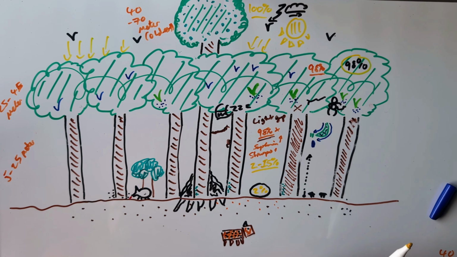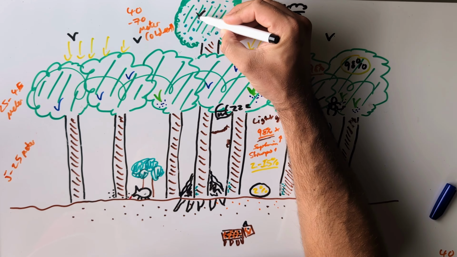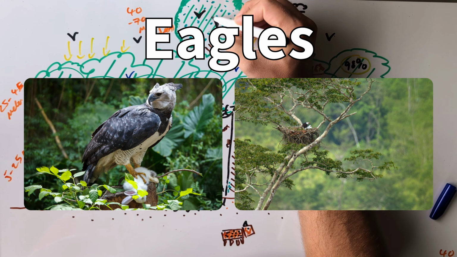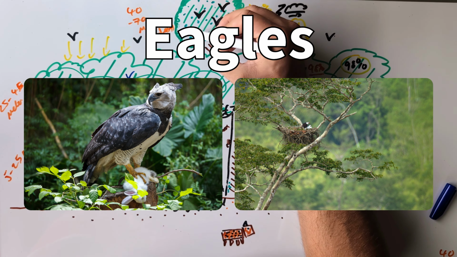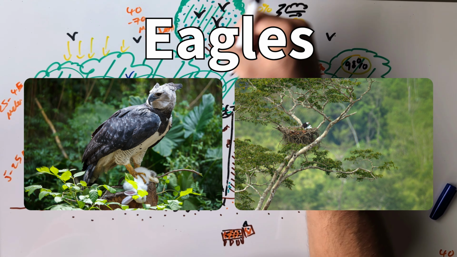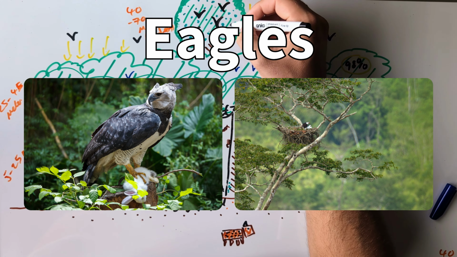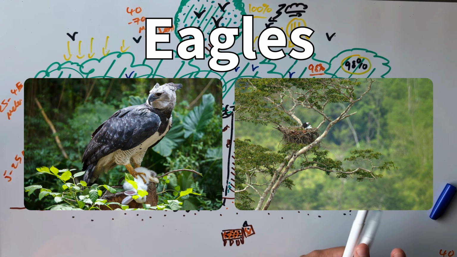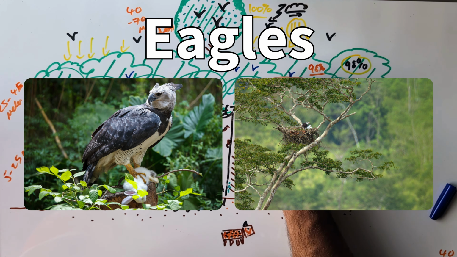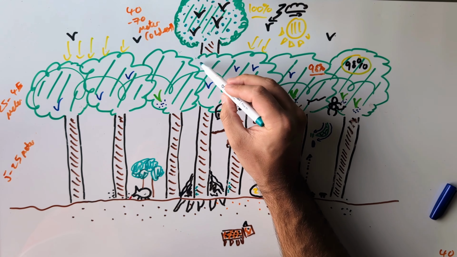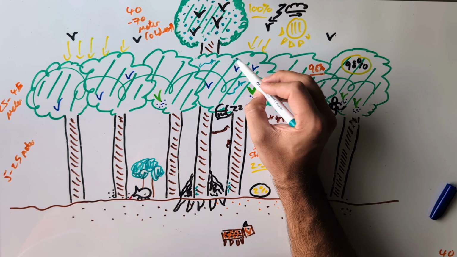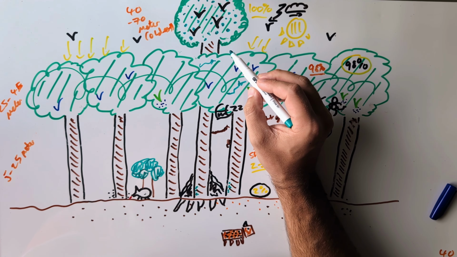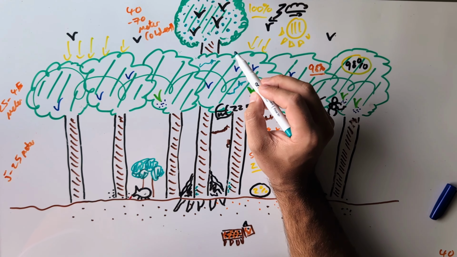In terms of the animals we're finding up here, I'm going for eagles every time, okay? Because eagles and their nests are vulnerable to snakes. So the higher they fly, the less likely they are to interact with the canopy and the understory and all the snakes that live there, okay? They also have fantastic eyesight, eagles.